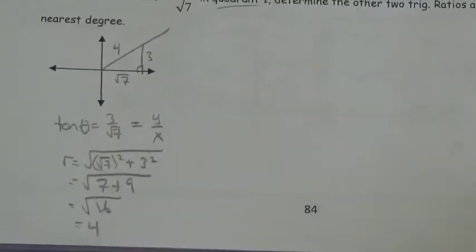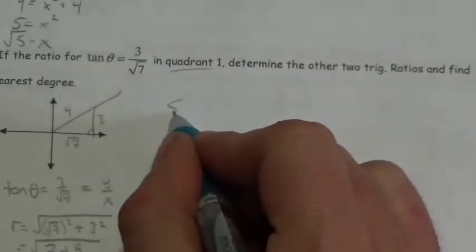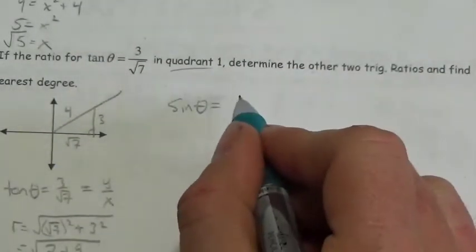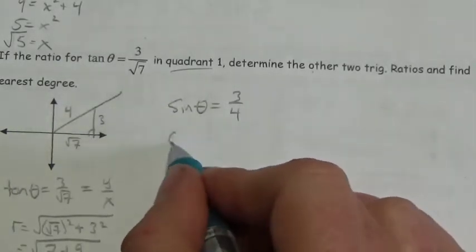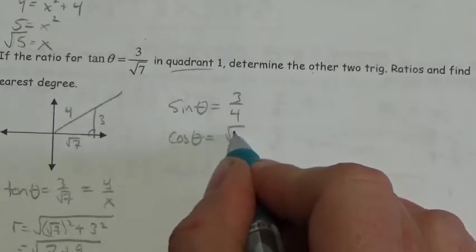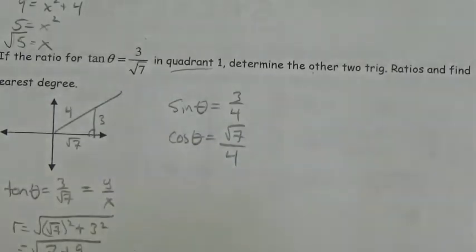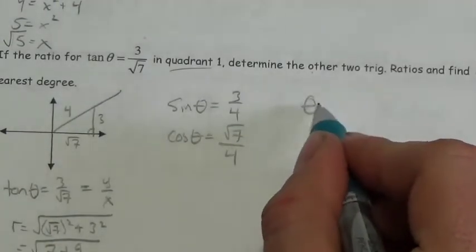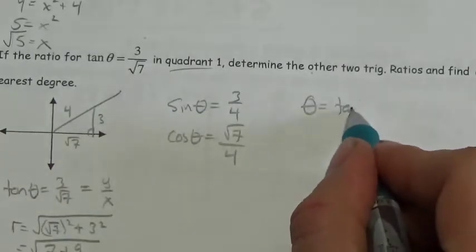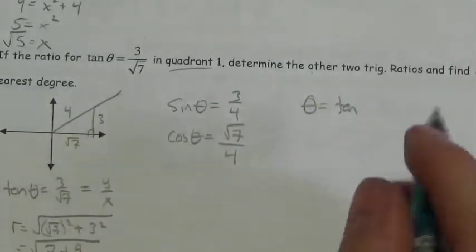Okay, good. So now, sine of theta will be 3 over 4. Y over r. Cosine of theta will be root 7 over 4. X over r. Now, if I want to figure out what the angle theta is, I'm probably going to go back, just in case I made a mistake somewhere up here, I still want to get the correct answer.